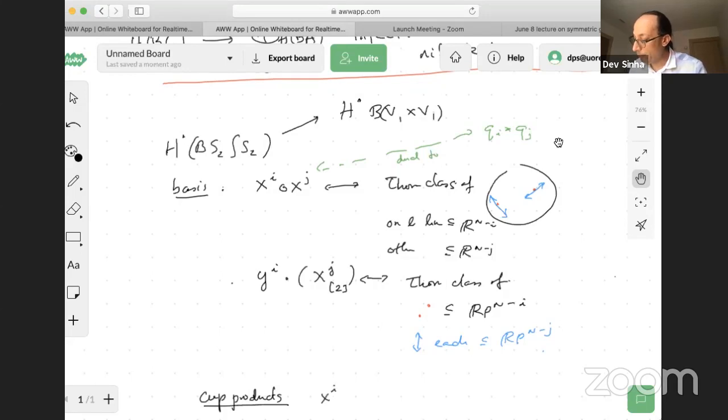So x^i transfer x^j, cup, x^k transfer x^l is, again, you can work this out geometrically, x^(i+k) transfer x^(j+l), plus you add them the other way around. We've got a symmetry between the lines. We don't know which red point we're on in this condition, and so it can also be x^(i+l) transfer x^(j+k).